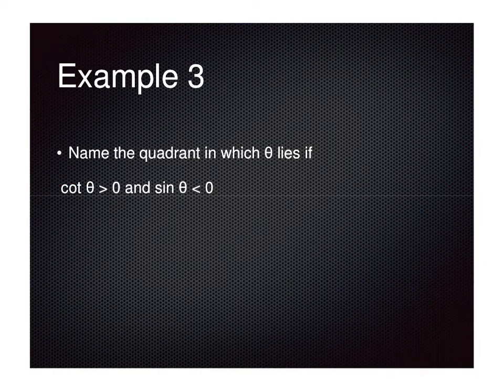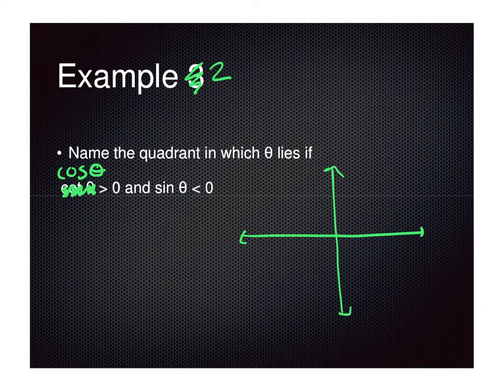The next example is the same thing as the first, so I'm just going to change this to cosine. So for the second page, it's the same page as the first, but just change cotangent to cosine of theta. So here, we have all students take calculus.